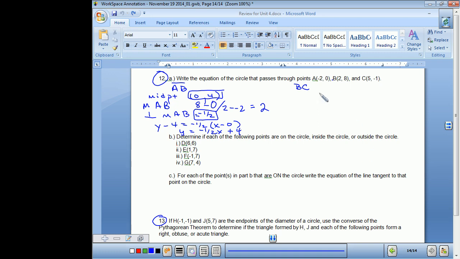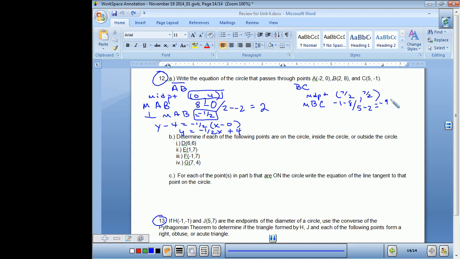Okay, so for BC, we're going to find the midpoint of B and C. So add them up, divide by 2. 7 divided by 2 is 7 halves. 7 divided by 2 is 7 halves. All right, got the midpoint. Now I need the slope of BC. So y2 minus y1 over x2 minus x1.